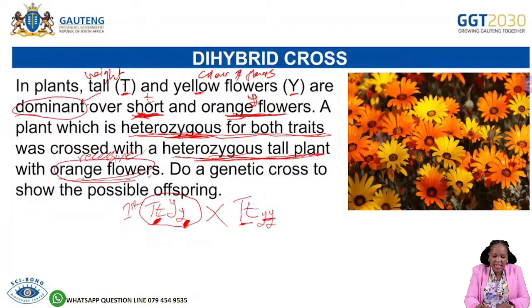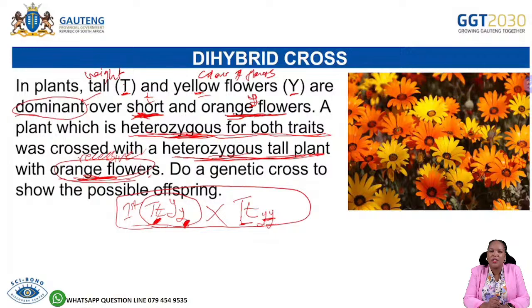If you write it with big letter Y and small letter y, what is going to be the color of our flower there? The flower will no longer be orange, but it will be yellow. Why will it be yellow? Because we know yellow, big letter Y, is dominant over small letter y. Once you have this as your genotypes, you will never go wrong.